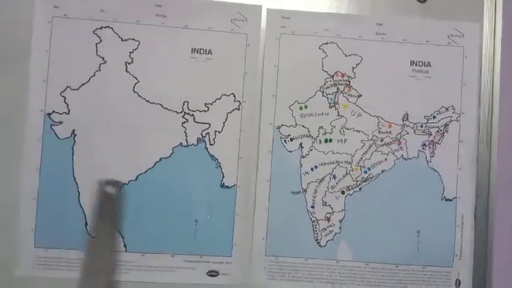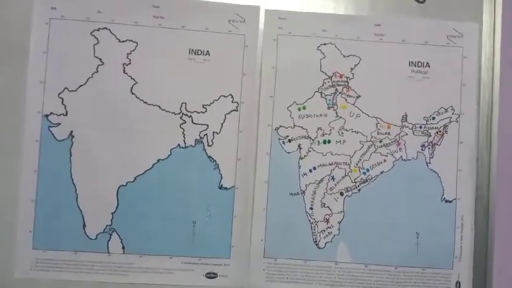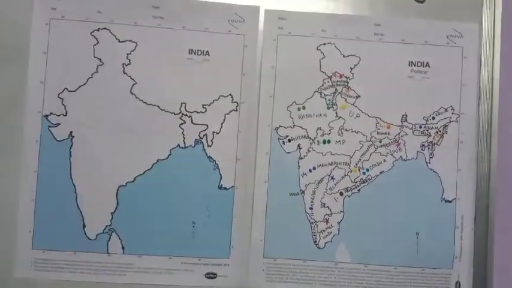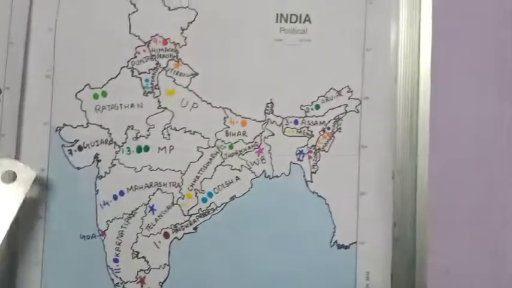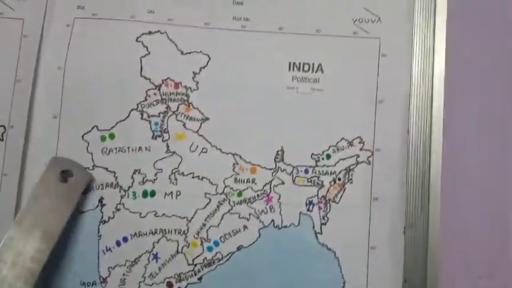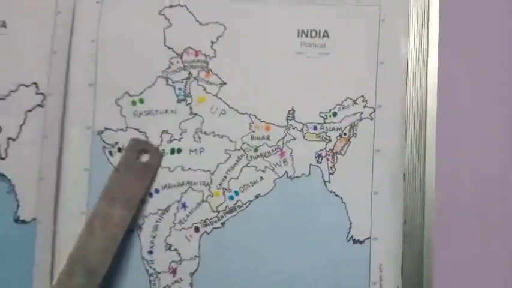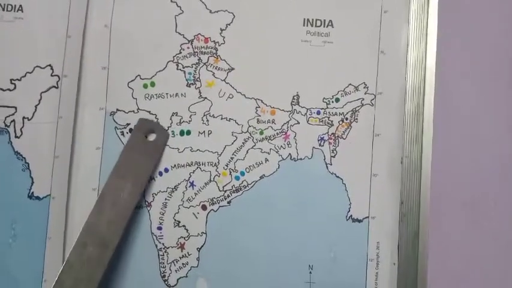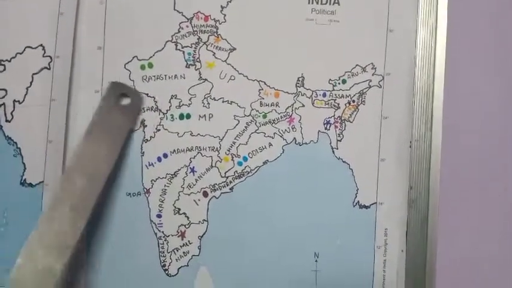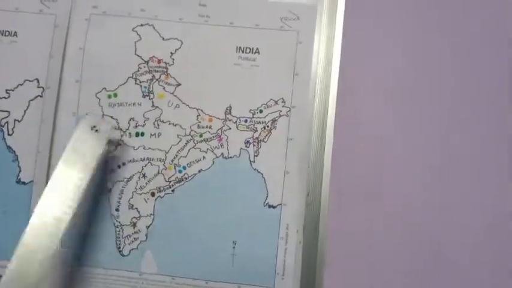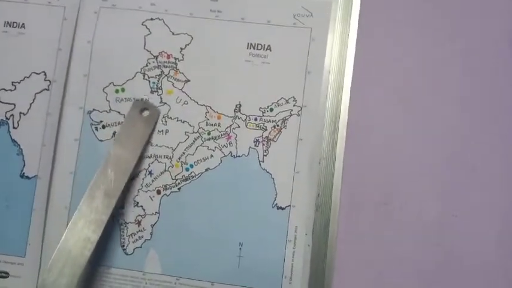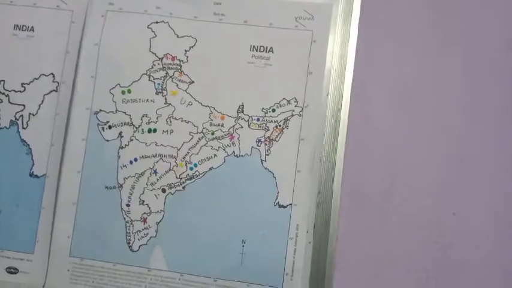That's why such a kind of map is known as a physical map. And in this map what you find? You find that a particular area is already located. So these located areas indicate the states.